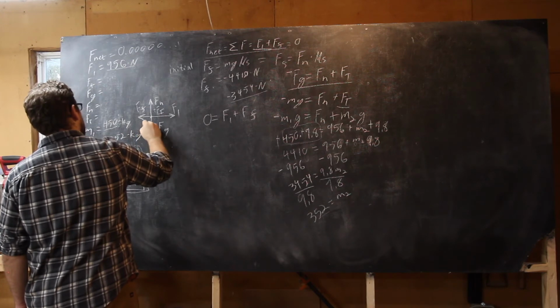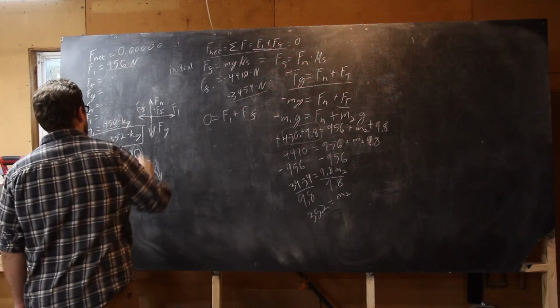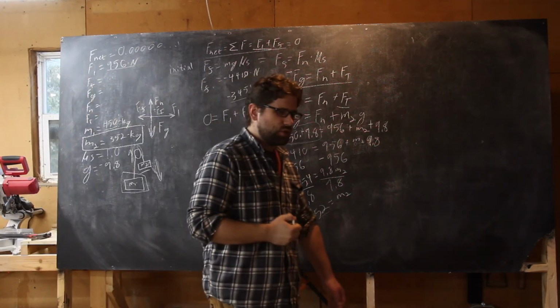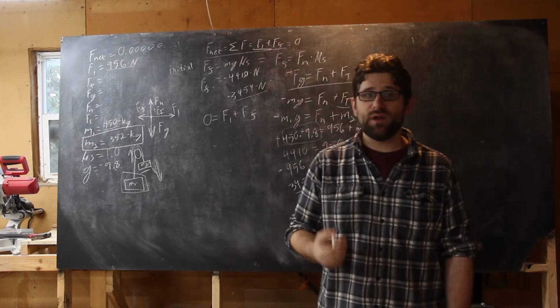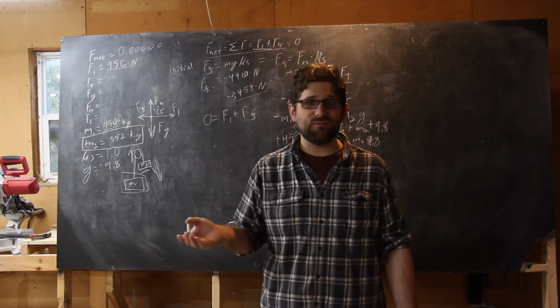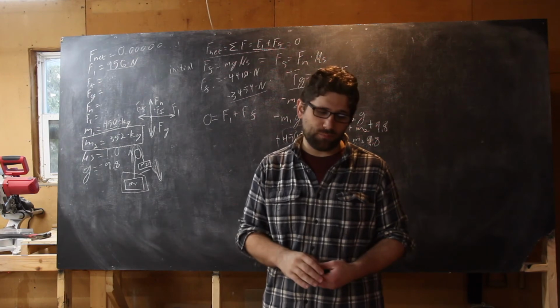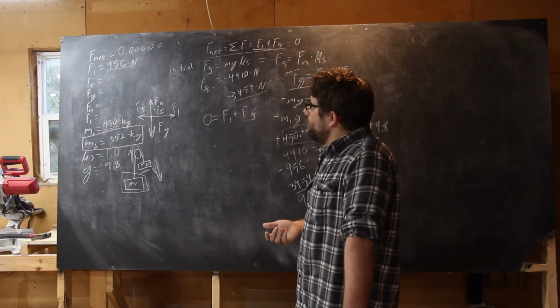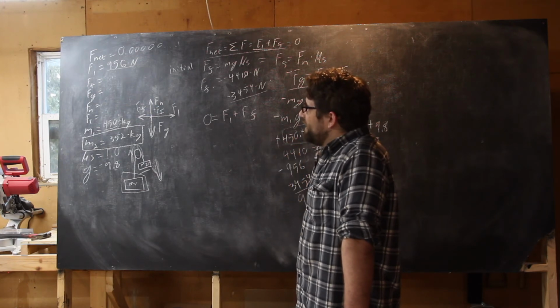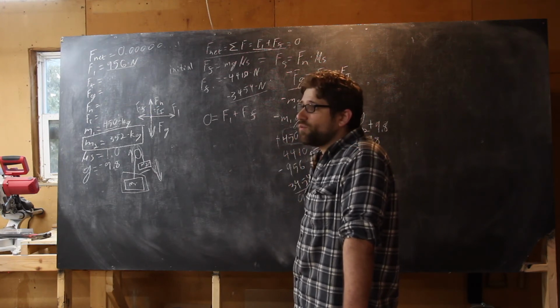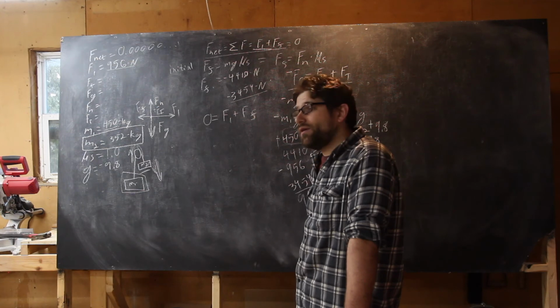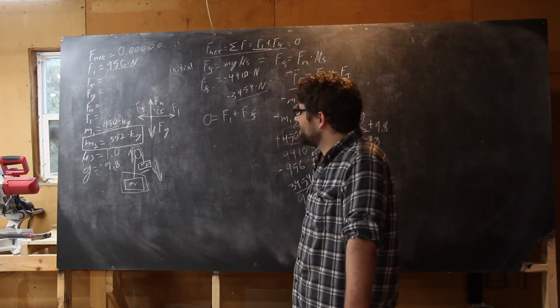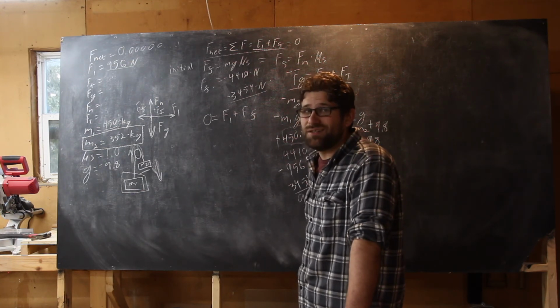Okay? Great. Now, at this point, we should have a positive number because mass is a scalar quantity. It's not a vector. It's never going to be a negative number. You can't have negative mass. That wouldn't make sense. So, if we ended up with a negative mass, that would tell us that we have flipped a sign somewhere or that we got confused on a sign somewhere, which in a problem like this is really easy to do.